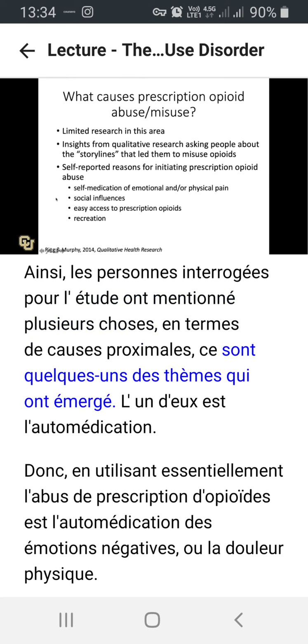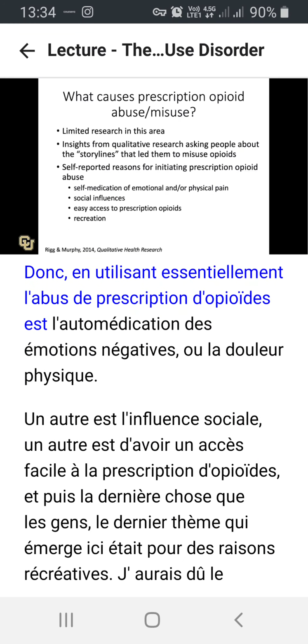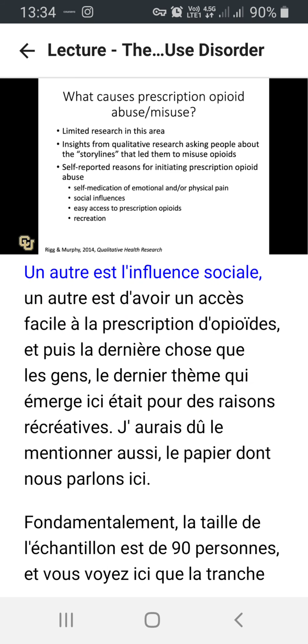These are some of the themes that emerged. One of them is self-medication, so basically using prescription opioids to self-medicate negative emotions and/or physical pain. Another is social influences. Another is having easy access to prescription opioids.